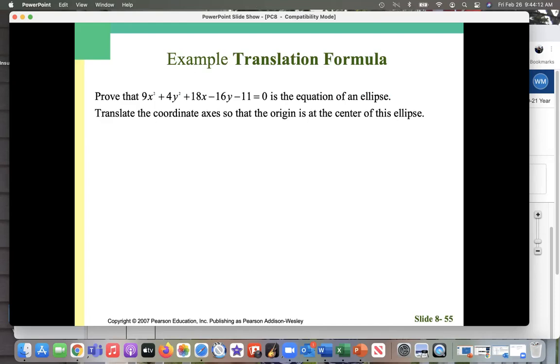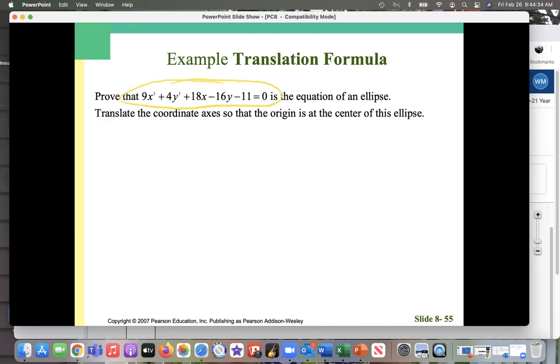If we're looking at what's called a translation formula, basically we're taking a conic that is centered at the origin and we're moving it around. We're moving the center, right? Now, if you look at this one right here, it doesn't have that XY term, so there's no rotation, okay?